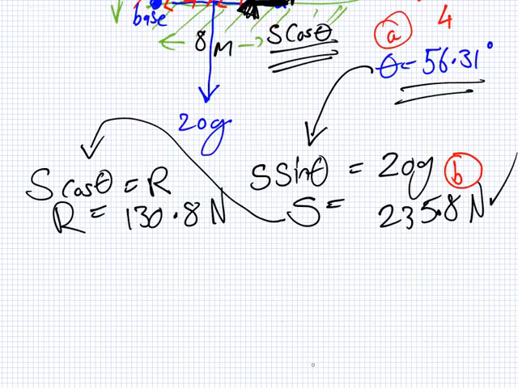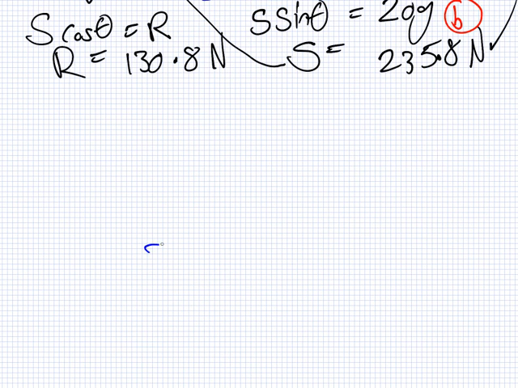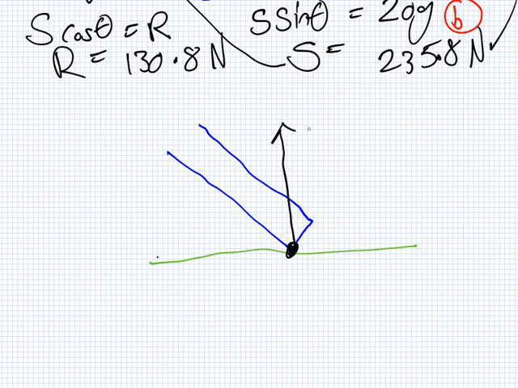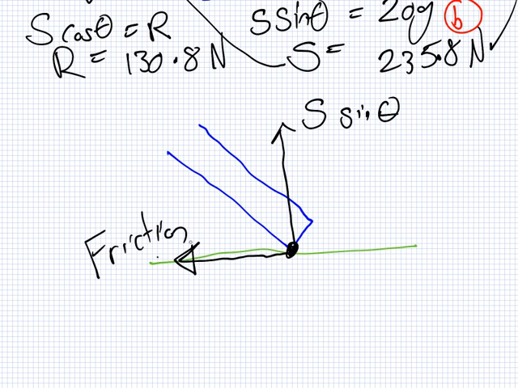What's happened here is, here's your ground. I'll do it in green. Here's your ladder. And there's two forces here. There's a reaction force, which is S sine theta. And the ladder wants to fall this way, doesn't it? But it doesn't fall because there is a friction force this way on the ground.